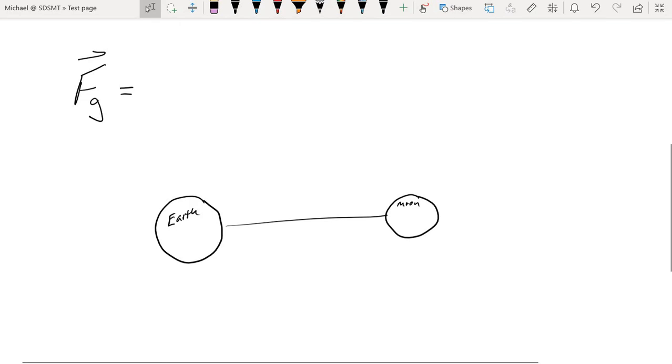And it didn't even have to be the Earth and the Moon. It could be the Earth and the Sun. It could be Jupiter and one of its moons. It could be one of the other planets in our system and the Sun. It really didn't matter.